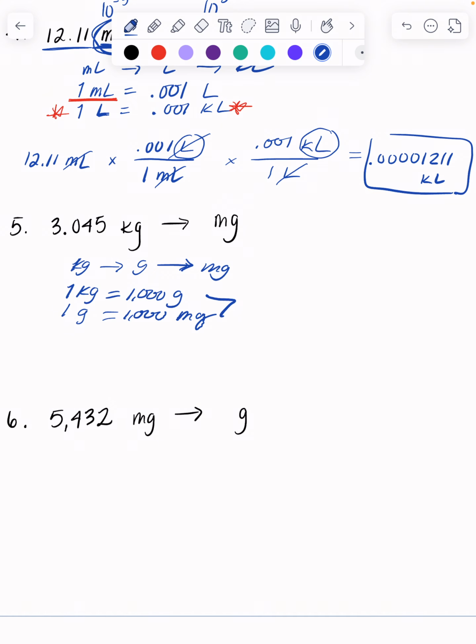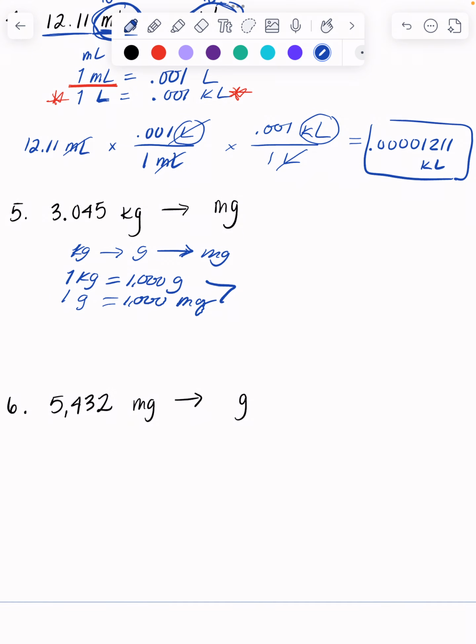Okay, so these are the equivalencies that I'm going to use, and I'm going to set it up just like our previous one in number 4. So start with what you're given, 3.045 kilograms. I know I want kilograms to cancel out, so I put that on the bottom, 1 kilogram, and on the top, 1,000 grams. Cool. So I'm at my base unit now. My units have canceled.